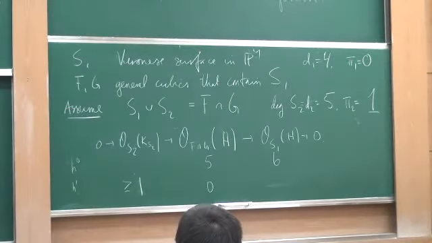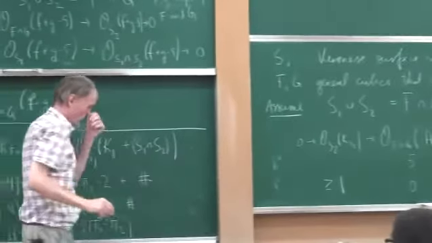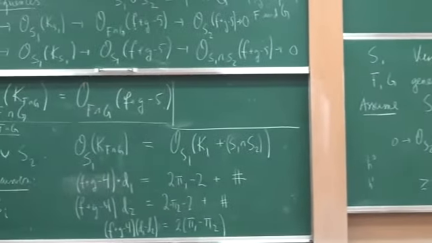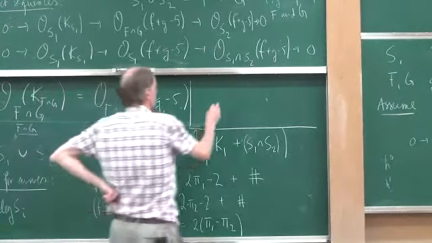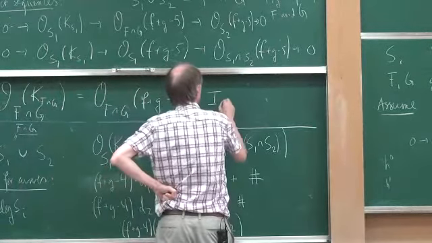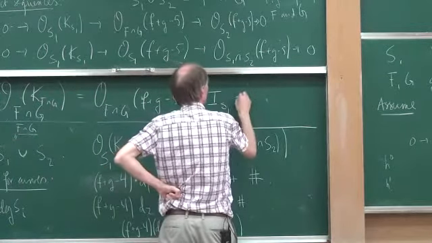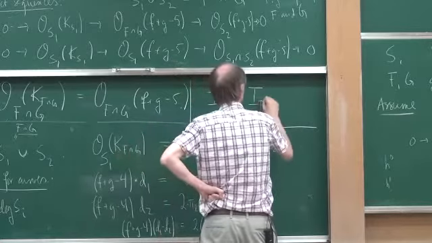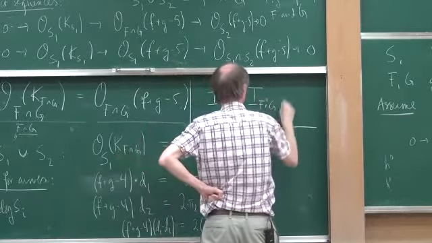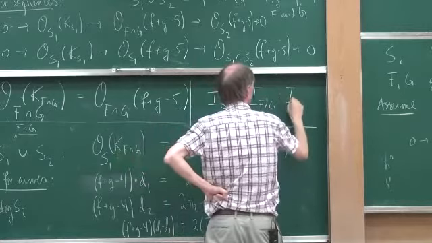So in fact, I should say here, for those that do and should, of course, compute with Macaulay or anything, the algebra here is that the ideal of S1 is equal to the ideal of the complete intersection divided by the ideal of S2.